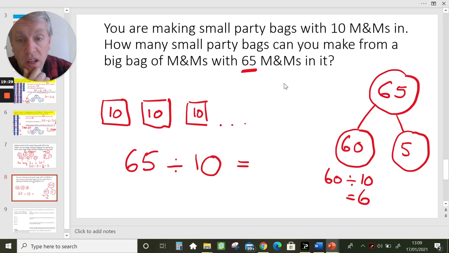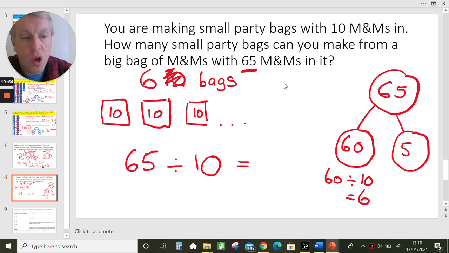So our answer is we could make 10 bags. No, sorry. I'm thinking too many thoughts. 6 bags of 10 M&Ms, with 5 left over.